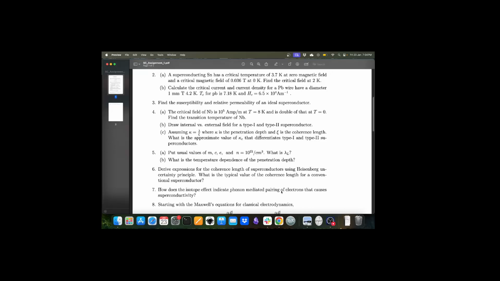and then Tc is 7.18 Kelvin, and Hc is 6.5 times 10 to the power 4 ampere per meter.